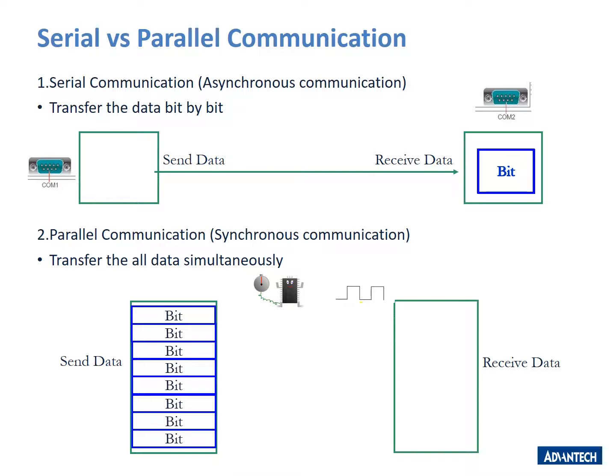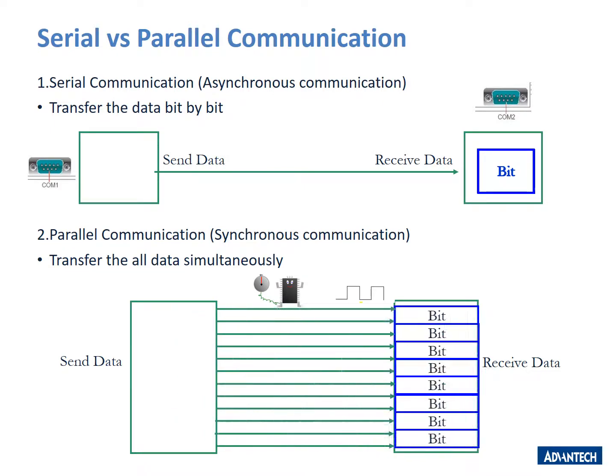Parallel communication, or synchronous communication, is when the ports send and receive more than 1 bit simultaneously. As the animation shows, the 8 bits of data will be transferred at the same time. It needs a clock signal to make sure the sender and receiver are synchronized and to avoid possible missing data.